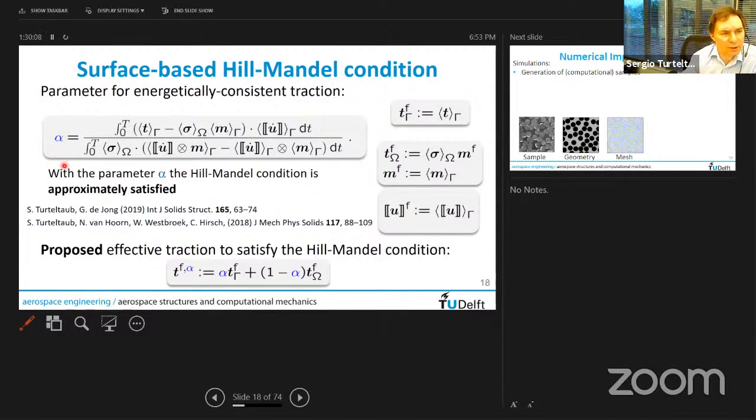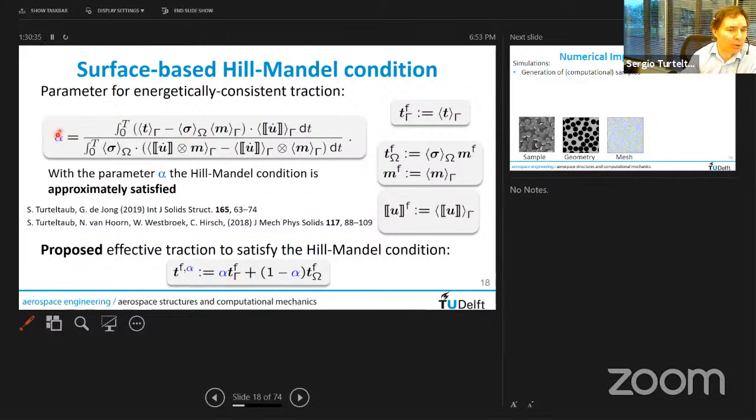And this is just a constant, by the way. So what you do is that you integrate from the initial time until the time in which it's completely cracked. You essentially integrate the difference between a surface average traction and a volume average traction. This one gives you the error that you introduce by having the alpha.